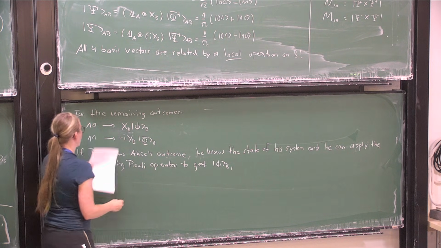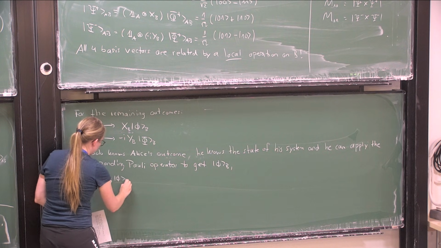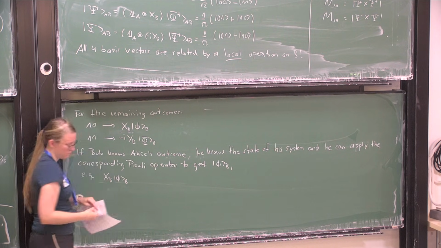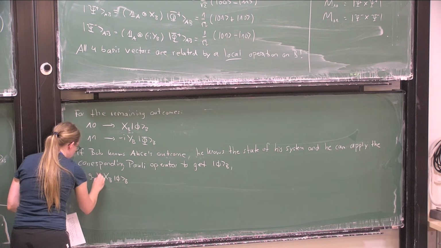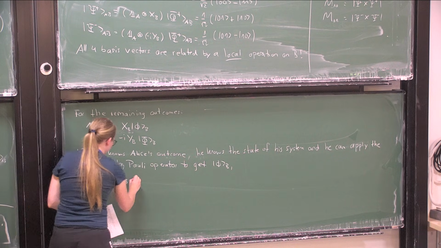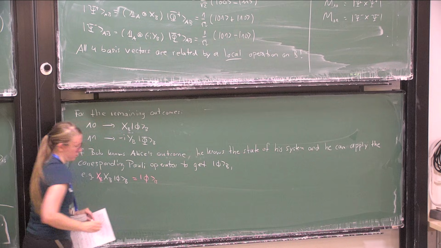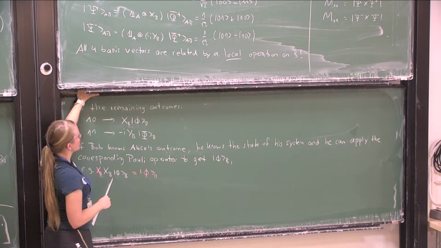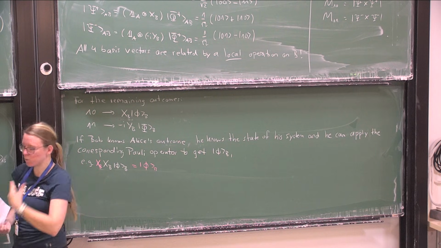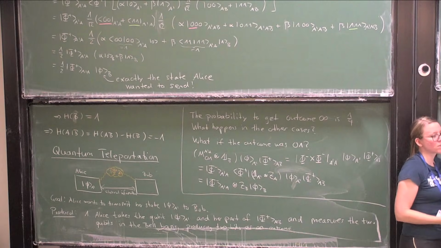If the state is X_B applied to phi, then he just applies X_B on his side, and he gets just the state. So this quantum teleportation protocol requires one more step. It's not just that Alice makes a measurement and Bob then already has the state, but Alice also needs to send him the outcome.